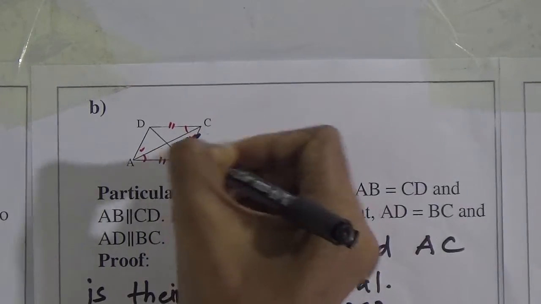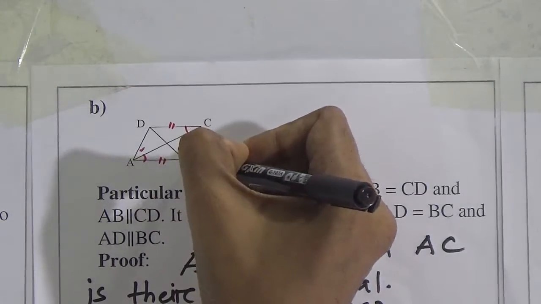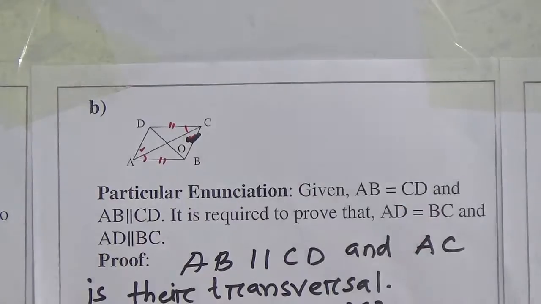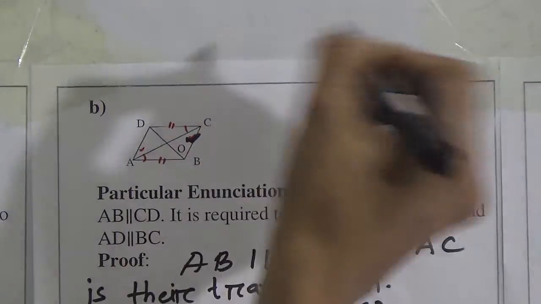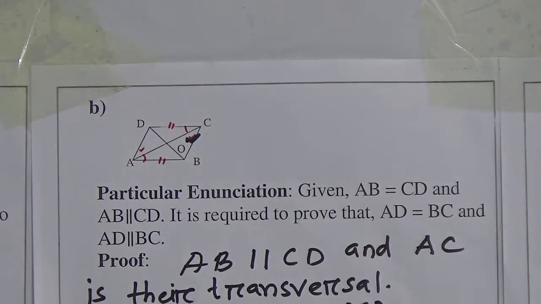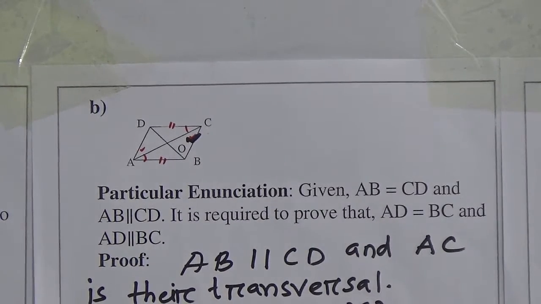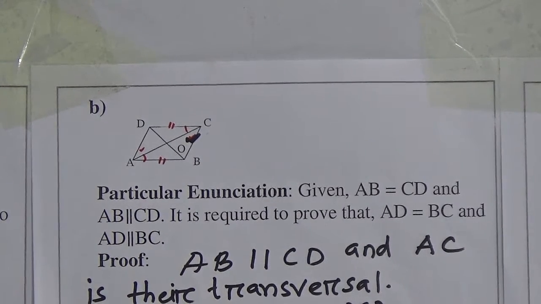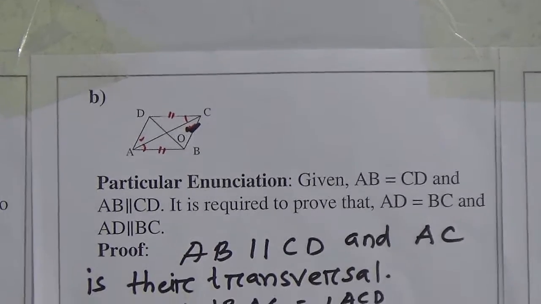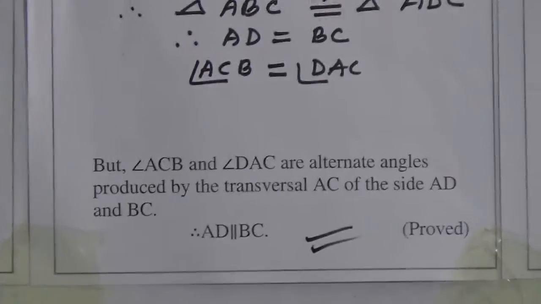Look, ACB and CAD are alternate angles, and AC is their transversal. Of this side AD and BC. Hence, we can see that AD parallel BC.